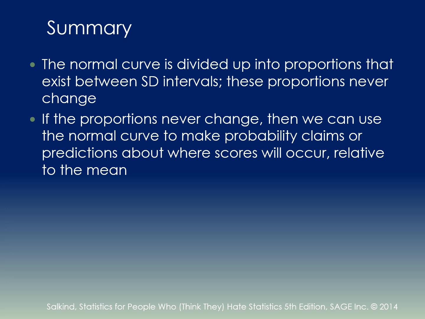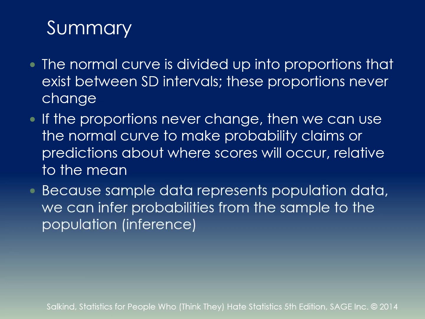And so this is why we can use things to infer, to make predictions or claims about a population using the normal curve. And because the sample data represents the population data, we can infer these probabilities from the sample to the population. And this is where we come back to this term inference. It all goes back to inference, inference, inference.